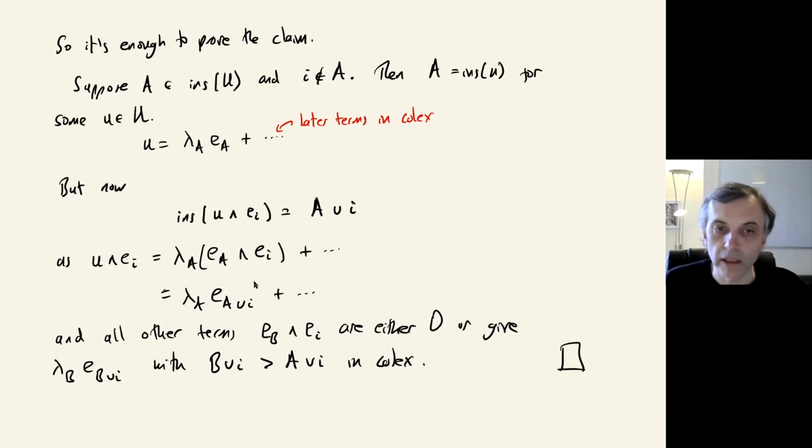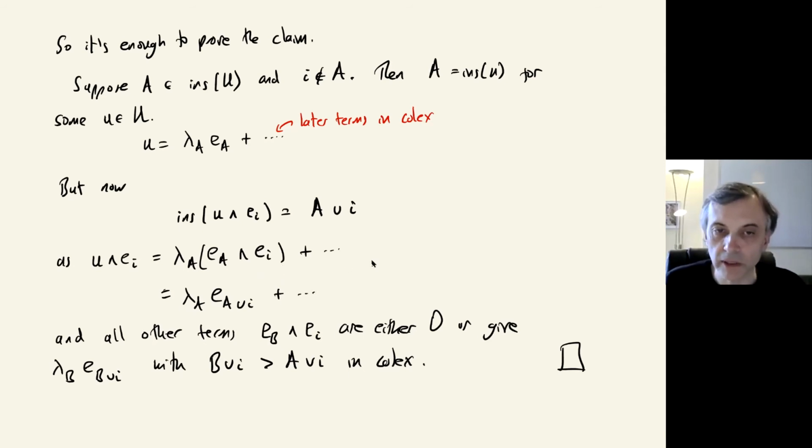Why? Well, when we take U wedge e_I, it starts out with e_A wedge e_I, which is A union I. I've actually missed out a plus or minus here, depending on where I is relative to the elements of A, but that's just a technicality.